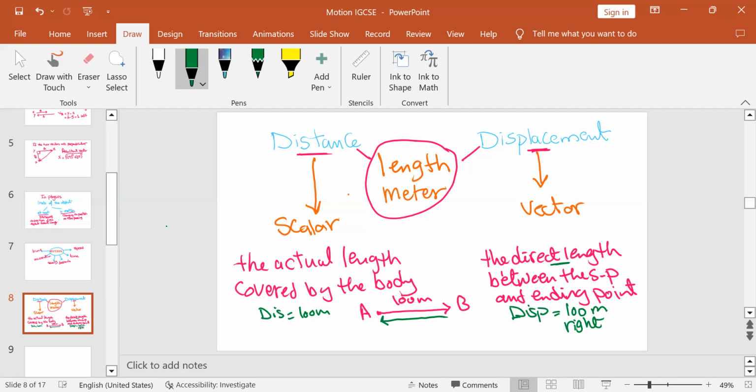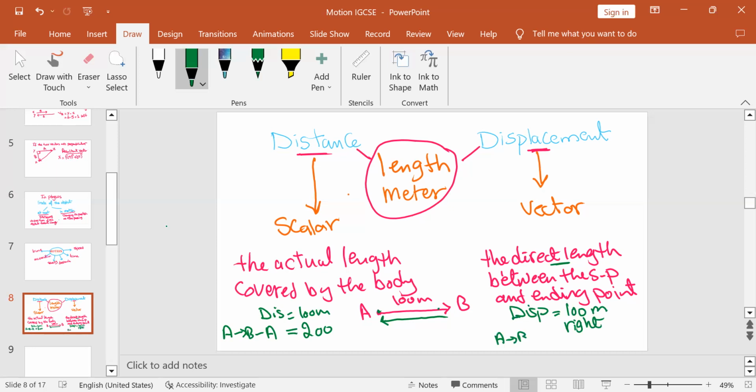What about the distance when you return? The body moved from A to B, then back, so the total distance covered is 200 meters, from A to B to A again.